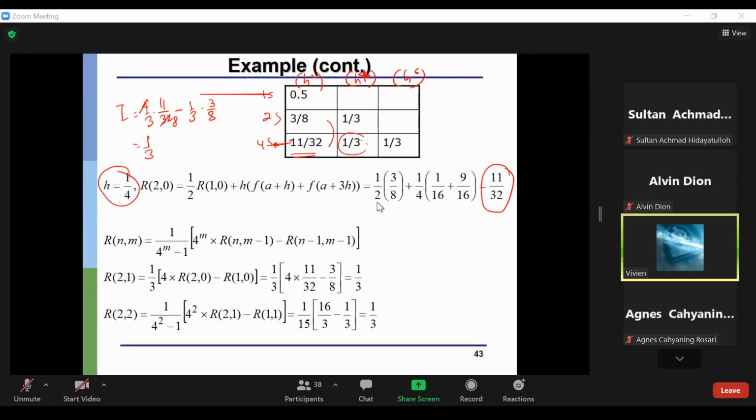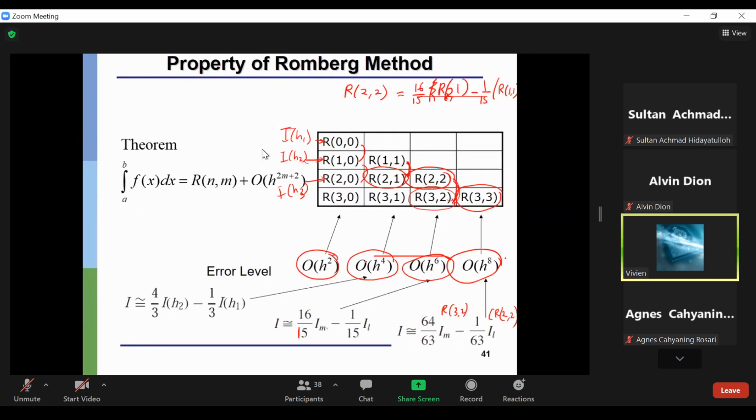For this calculation, we see already that the value is the same, either by combining the 2 segments and 1 segment, or when we combine 4 segments and 2 segments. So this means that this is actually already the same result. But we can further increase it to 6th order. If we want to use the 6th order equation, we combine this IM with IL.